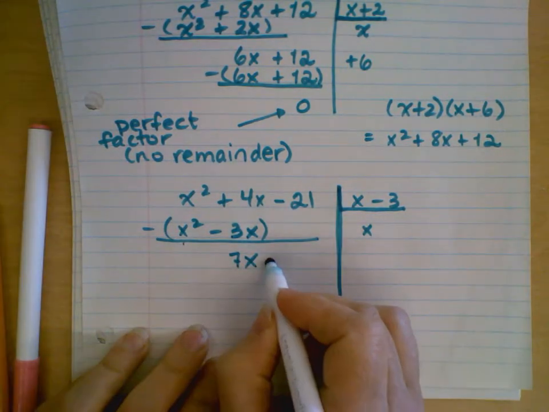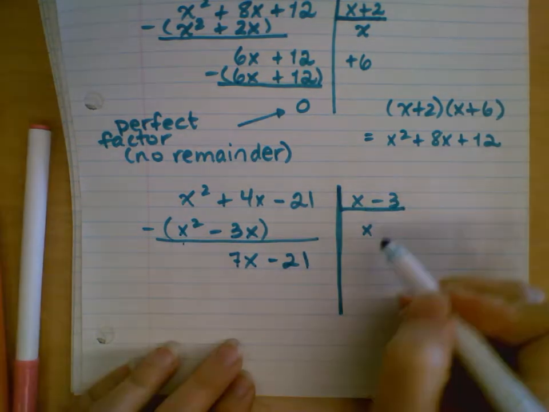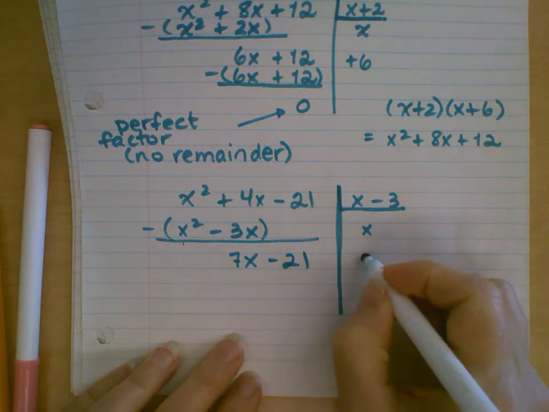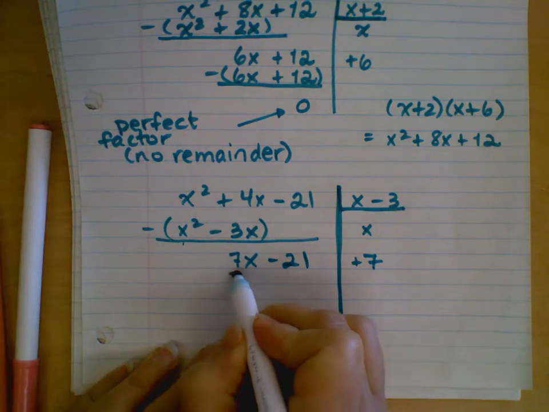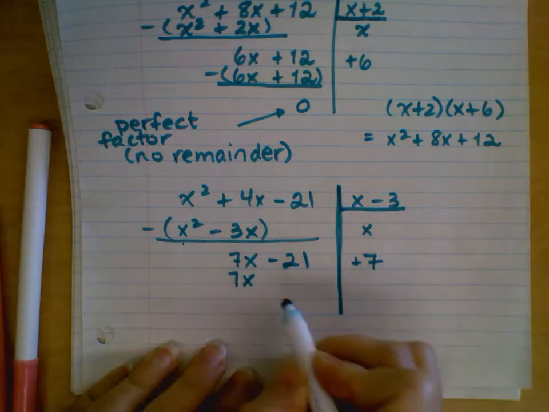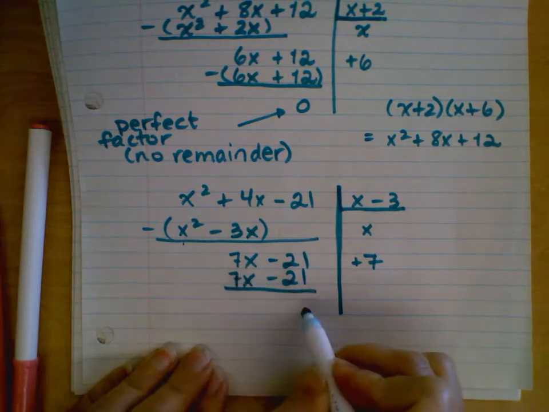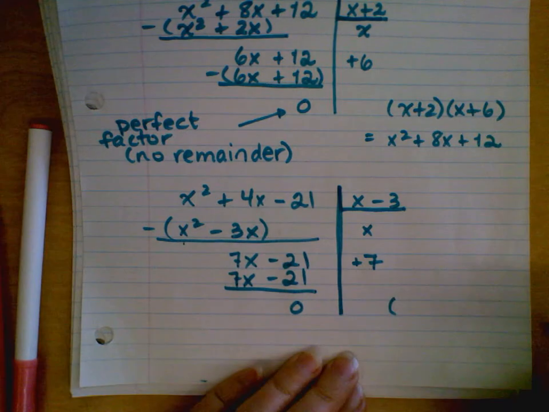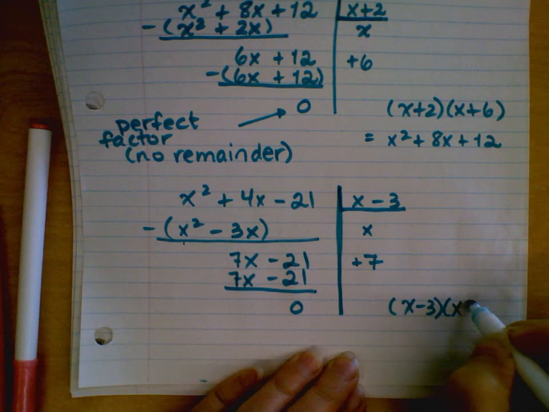And then drop down that minus 21. x minus 3 goes into 7x minus 21 7 times. Positive 7. 7 times negative 3 is negative 21. So again, this example has a 0 remainder, which means the factors are x minus 3, x plus 7.